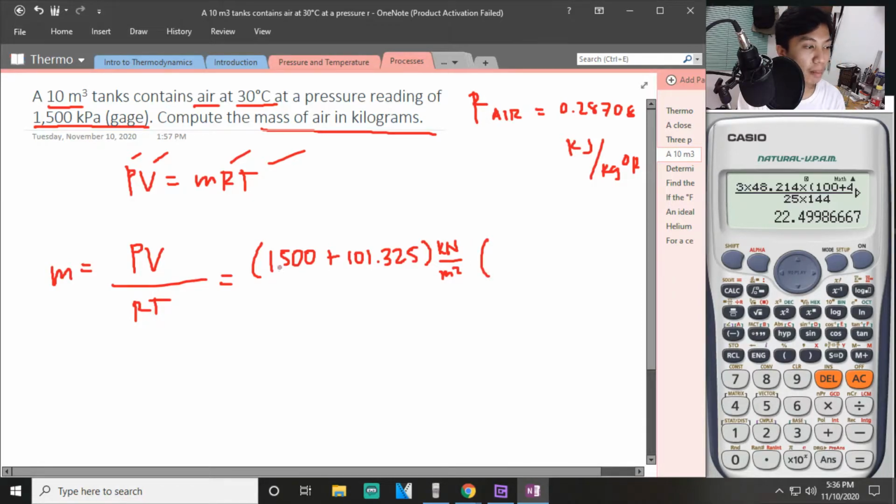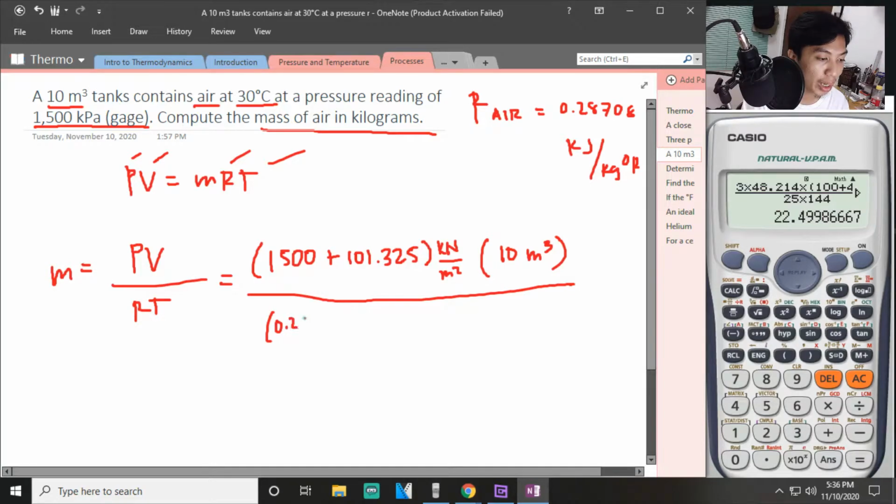Then, multiplied by the volume, that is 10 cubic meter, over R. R of air is always 0.28708 kilojoule per kilogram degree Kelvin. Take note of this one. Multiplied to temperature, it is not yet absolute.